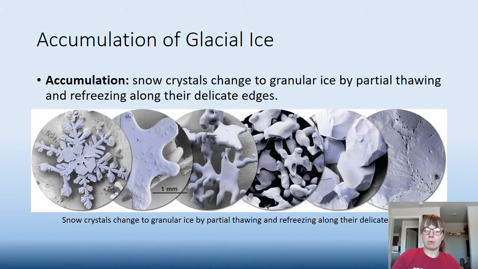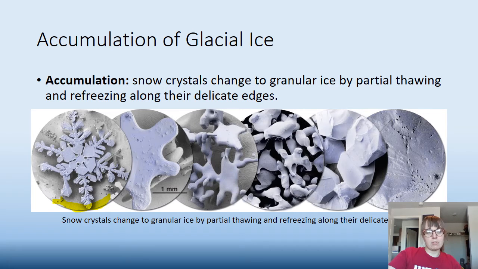Let's talk a little bit more about accumulation of glacial ice. Accumulation of ice in a glacier actually happens through snow falling on top of that glacier, and then that snow being converted into something that we call granular ice. Think about what a snowflake looks like. It has this really pretty crystal structure, very delicate.